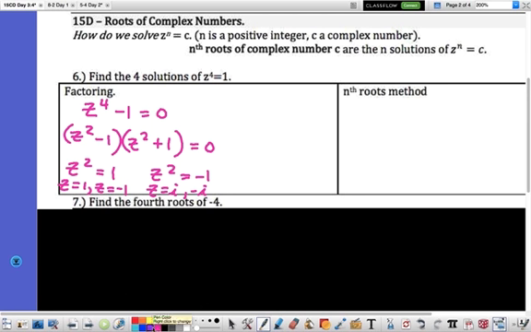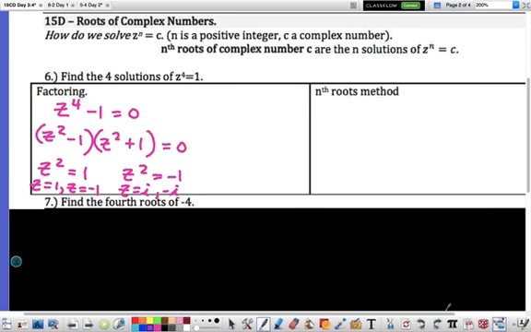And now let's try it also this way. Nth roots method. So let me make sure I have my ideas right here. Is this the one? Yep. Here's another way you can do it. Z to the n equals 1. Well, rewrite this as 1 cis.